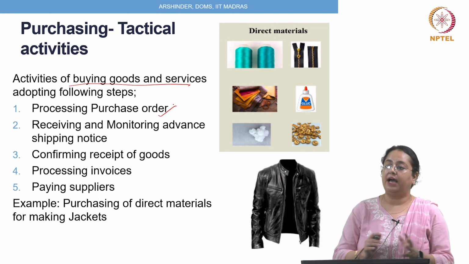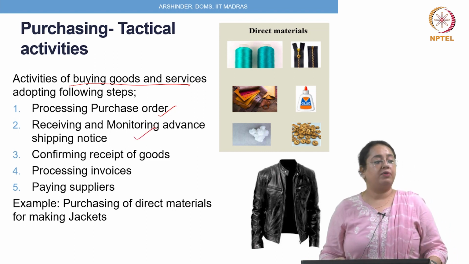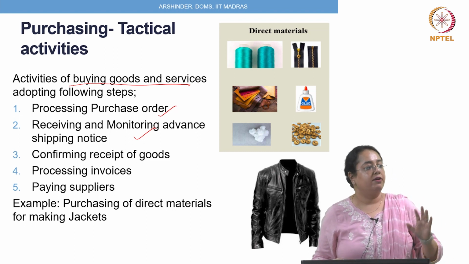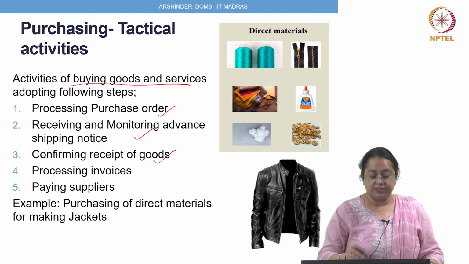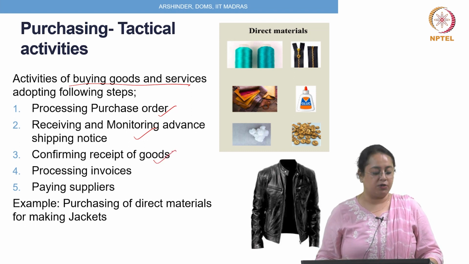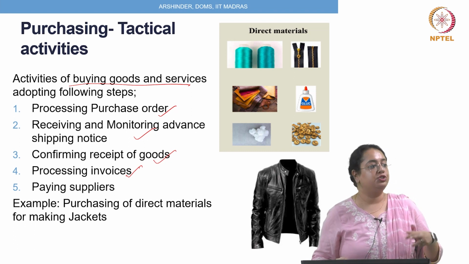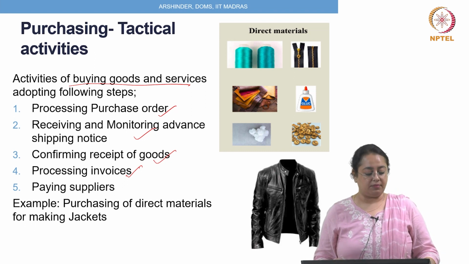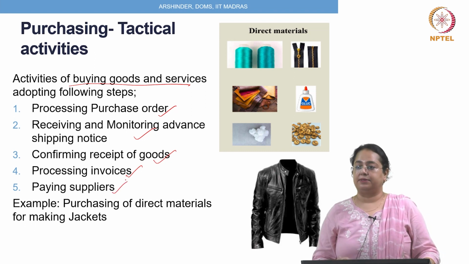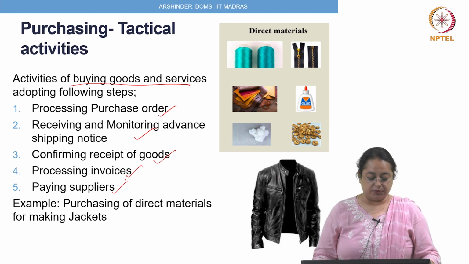We receive and monitor the advance shipping notice when the products are supplied, confirm receipt of goods, process the invoices, ensure the invoices are as per the purchase order, and pay the suppliers. This is what purchasing activities do.